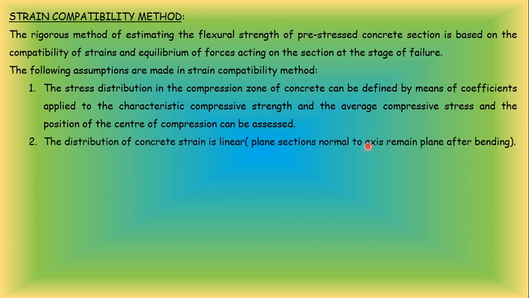Second, the distribution of concrete strain is linear, meaning plane sections normal to the axis remain plane after bending. Third, the resistance of concrete in tension is neglected. Whatever force could be carried by concrete is totally neglected.